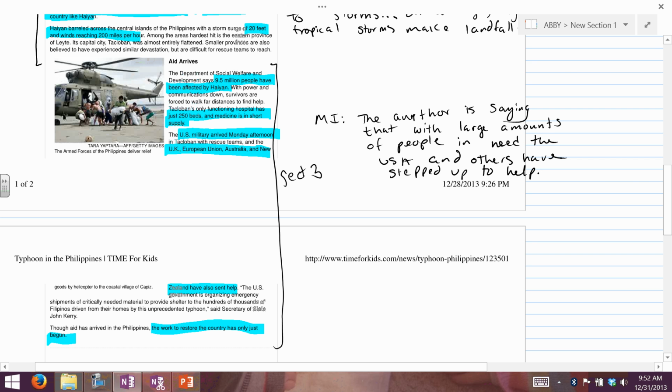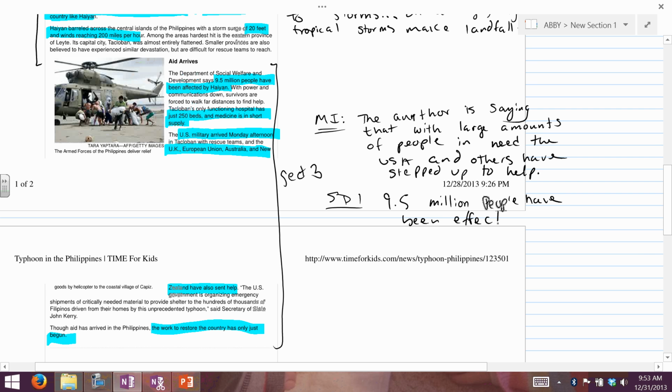Alright, so now we're on to our last step here. We've got to get 2 more supporting details for section 3. So supporting detail 1. Let's take a look. I'm looking at my facts here. I would say we could just take the fact that 9.5 million people have been affected.